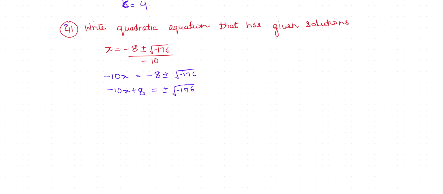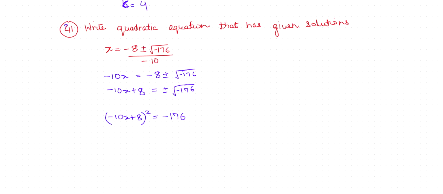So this will give negative 10x plus 8 squared, and this will give us plus minus the square root of negative 176 squared. Squaring just gives us negative 176.